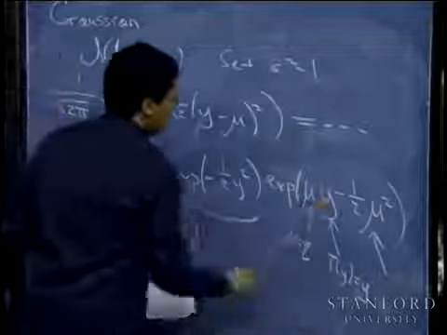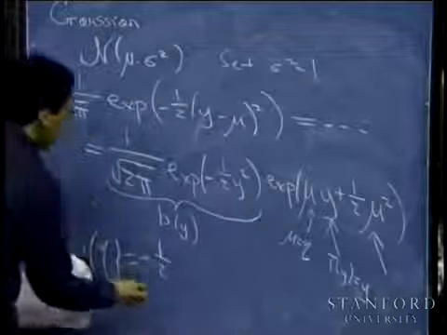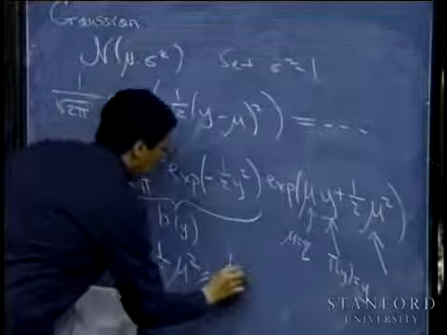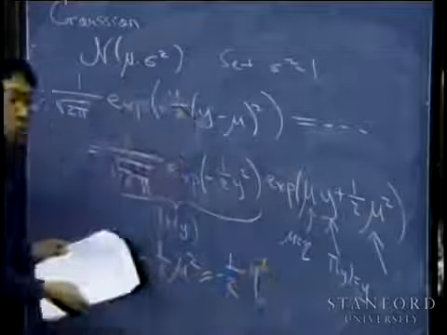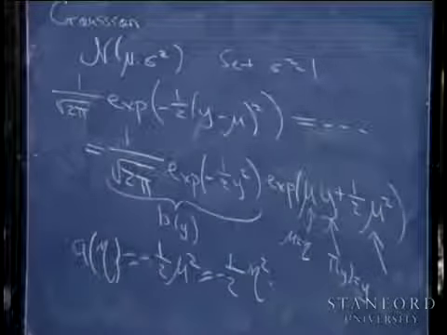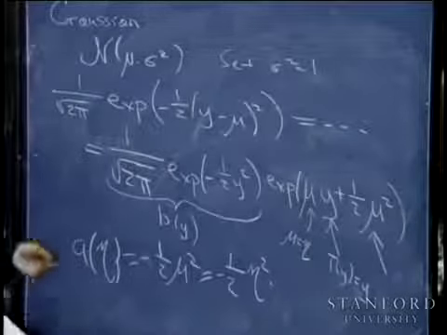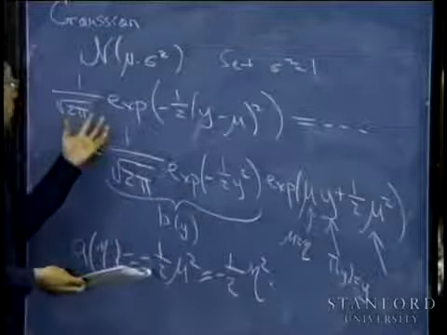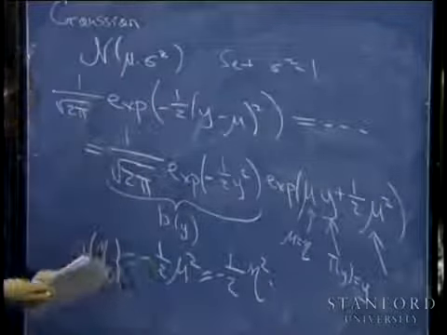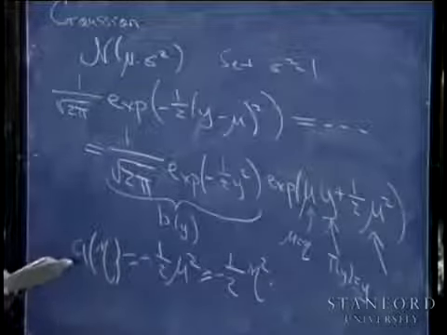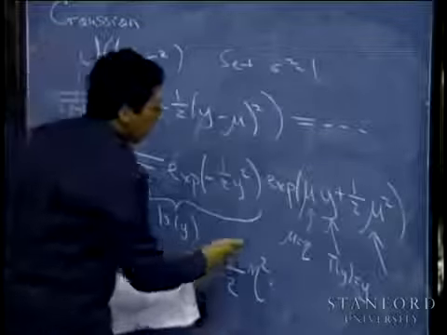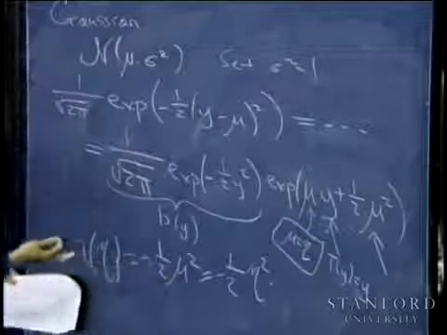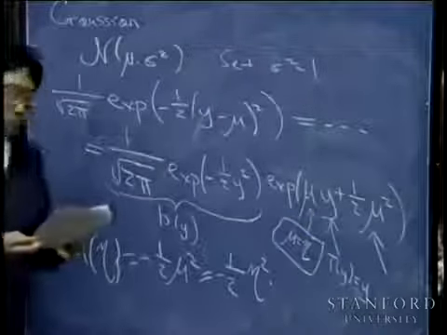Let's see, excuse me, plus sign there. Okay. Should be minus 1/2 mu squared. And because mu is equal to eta, this is just minus 1/2 eta squared. Okay? And so this would be a specific choice again of A, B, and T that expresses the Gaussian density in the form of an exponential family distribution. In this case, the relationship between mu and eta is that mu is just equal to eta. So the mean of the Gaussian is just equal to the natural parameter of the exponential family distribution.